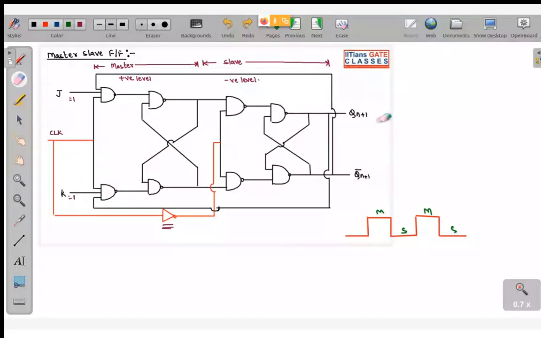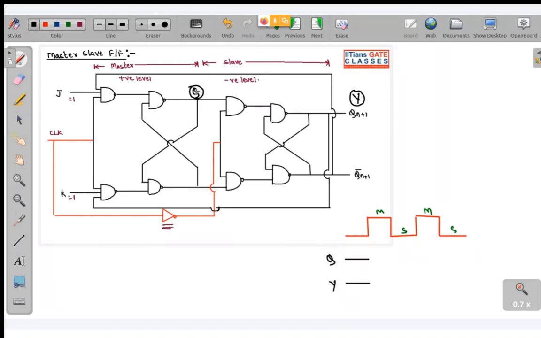Let me assume that this point is Q, and this point is Y. Initially let us assume Q0, Y0. So this is Q, this is Y.